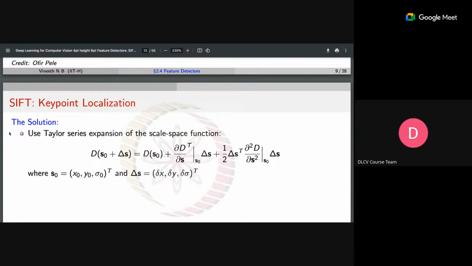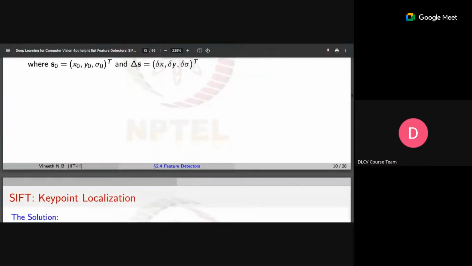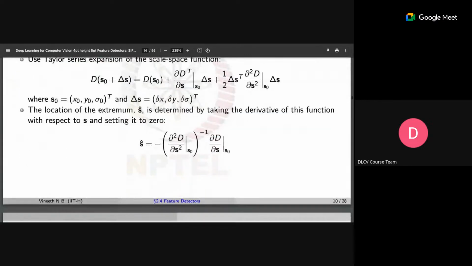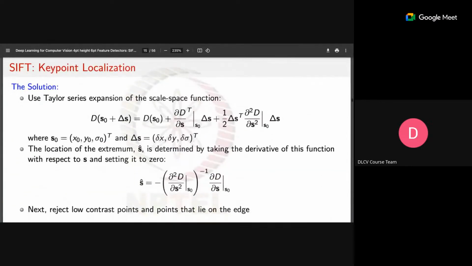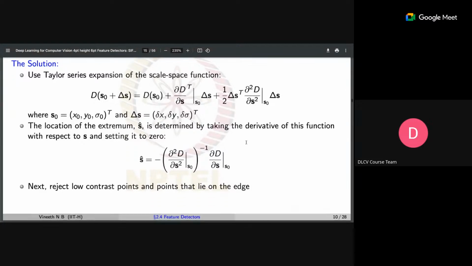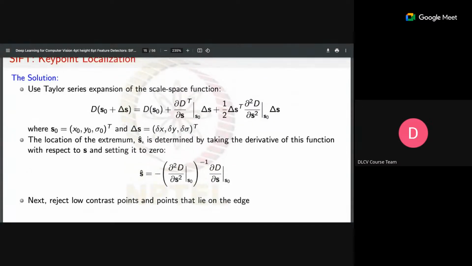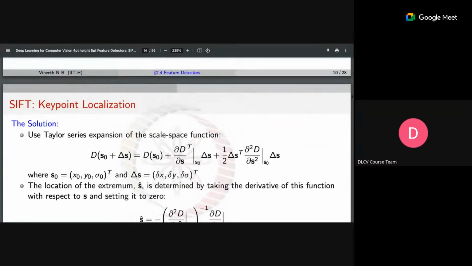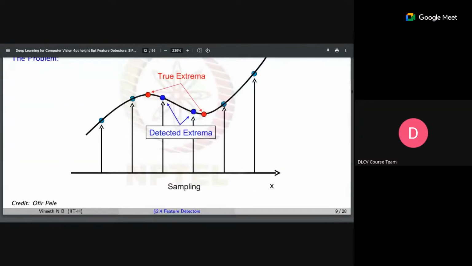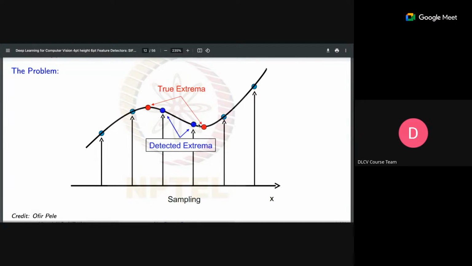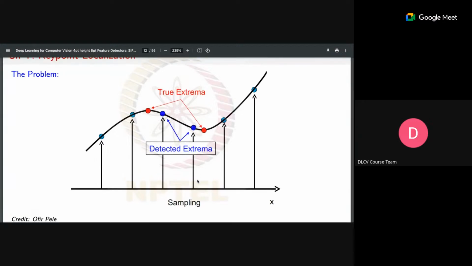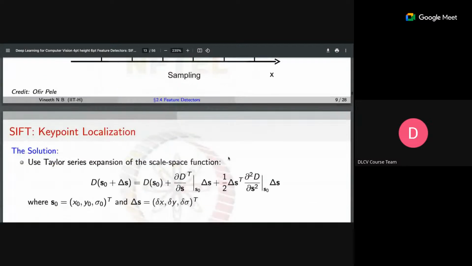Yeah, so it's based on some Taylor series expansion. Yeah, this is what you are trying to do here. You are trying to find the extrema. Let's say in a sampled image, the red ones are true extrema and the blue ones are the detected extrema.